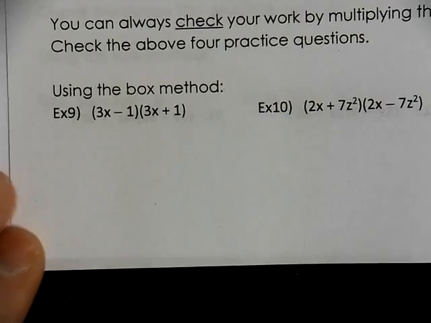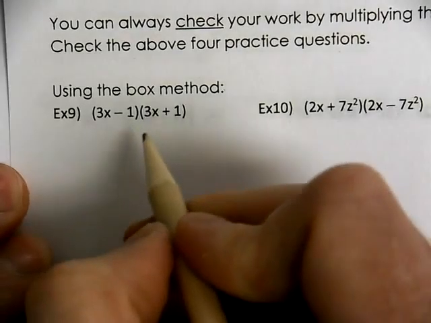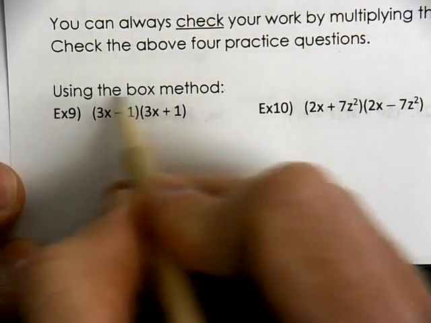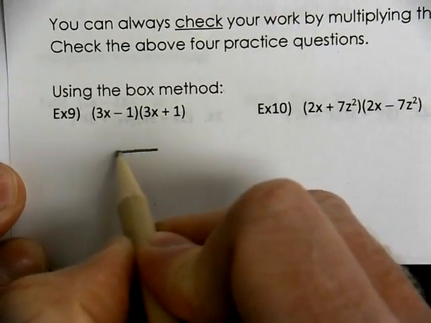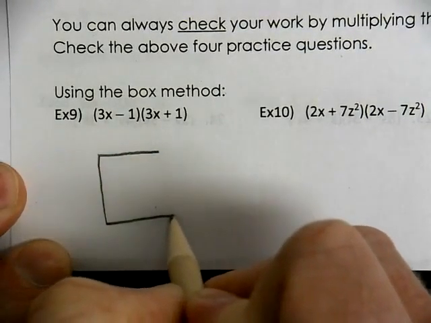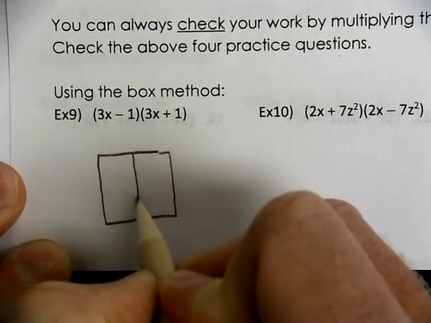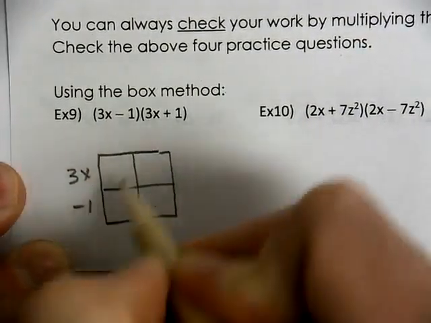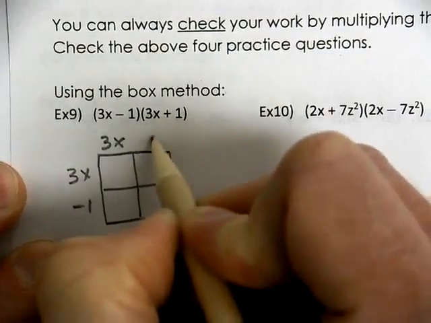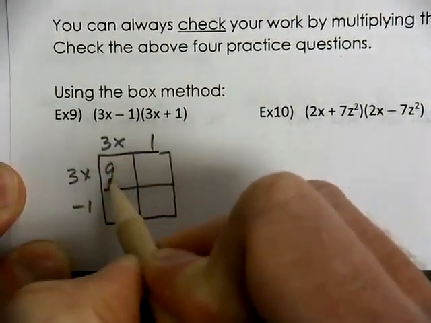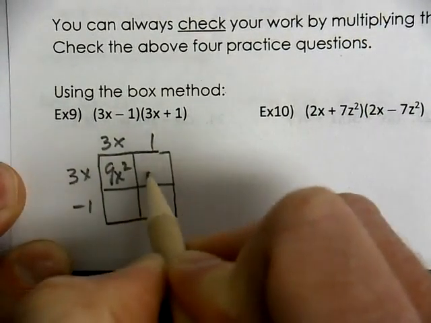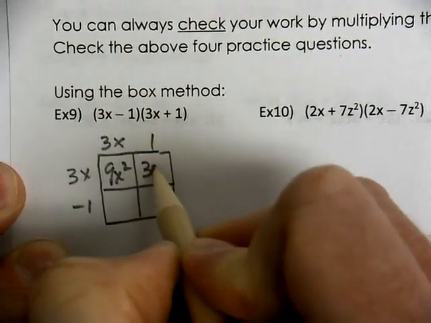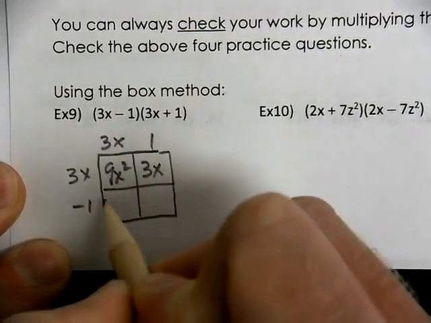Okay, then we'll do our last 4 questions where we multiply these together. This says to use the box method. So when we use the box method to multiply, we put our terms on the outside. Do your row and your column.